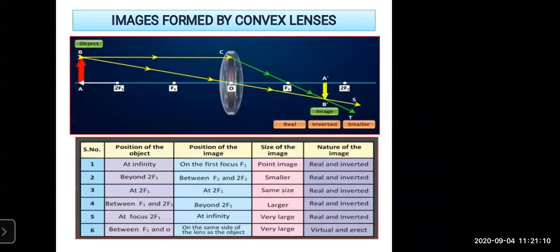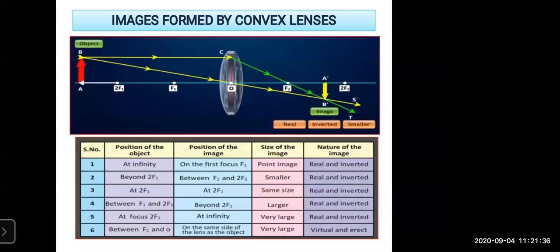Now next, about the images formed by the convex lens. Different types of images are formed by the convex lens according to rule numbers 1, 2 and 3. Now students, look here: the object is always placed on the left hand side, that is AB. This is your object. The principal axis is there.